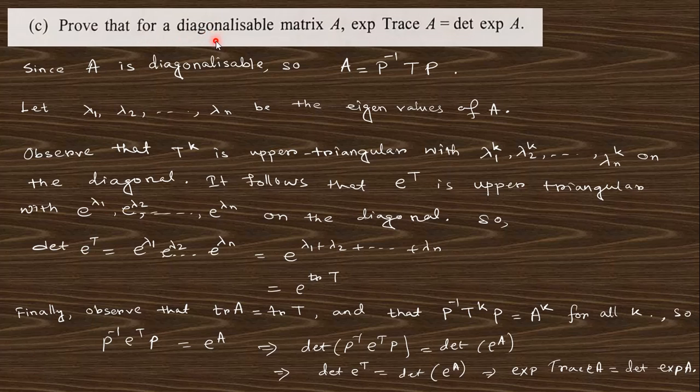Prove that for a diagonalizable matrix A, the exponential of the trace of A will be the determinant of the exponential of matrix A. So A is diagonalizable, so you can put this. I also request you to watch the details of diagonalization of any matrix on my YouTube channel. If you go through this channel, you will get separate playlists for different portions.